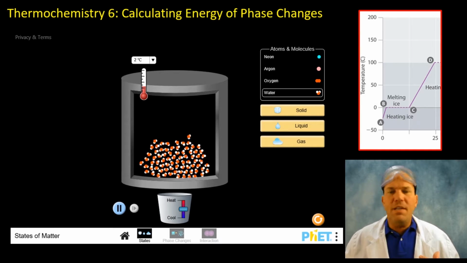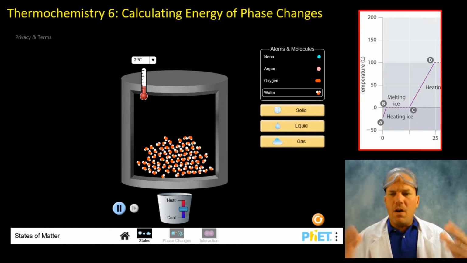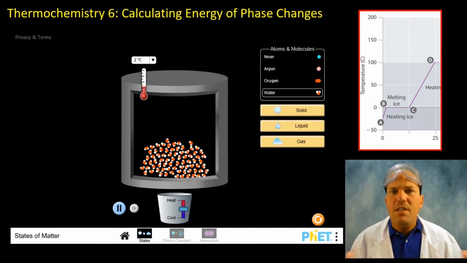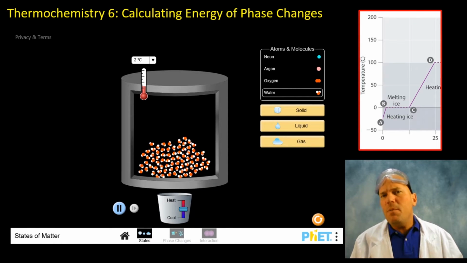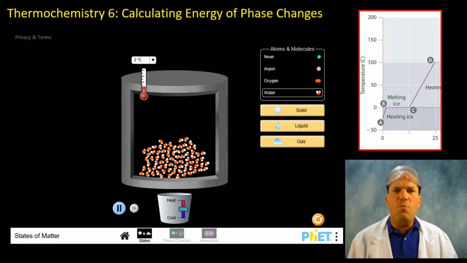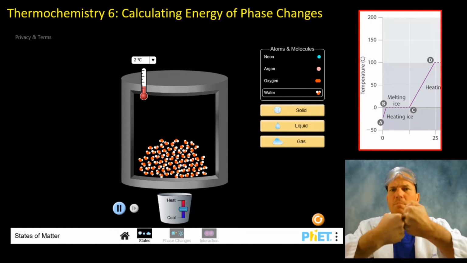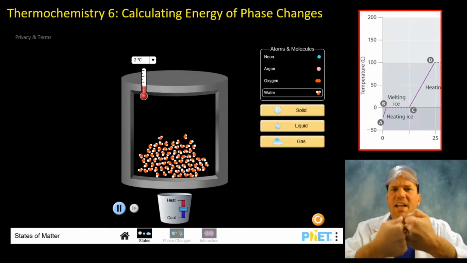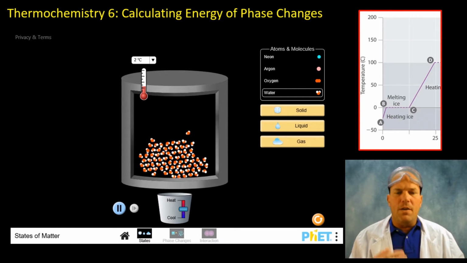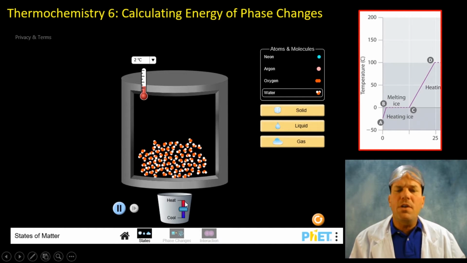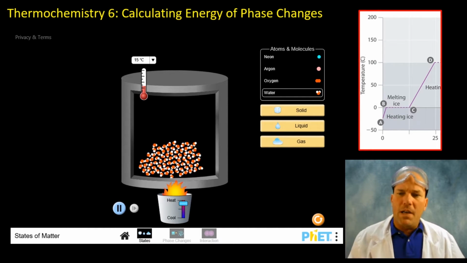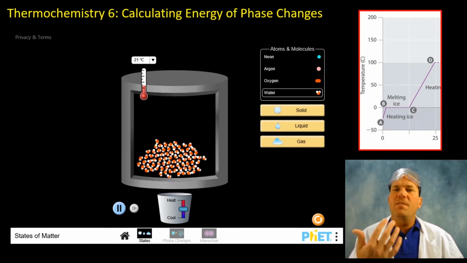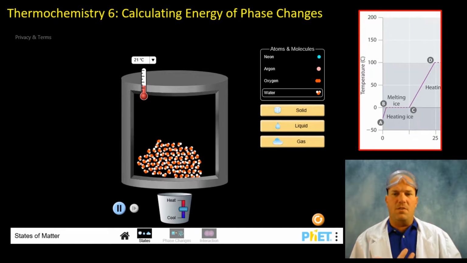So at this particular moment where we are starting to melt, starting to overcome some of the intermolecular forces in water, the molecules are now able to slide relative to one another. As the temperature continues to increase, we're going to see this process of melting, this phase change, occur.